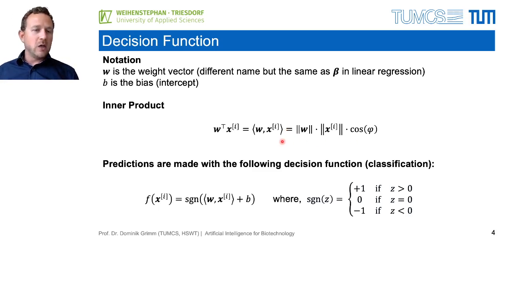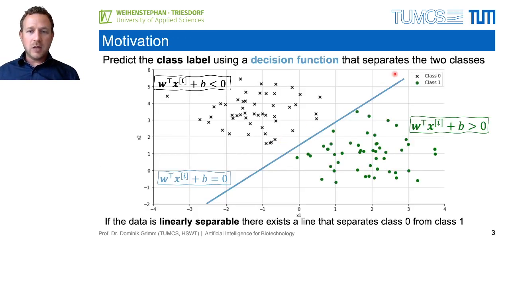So how can we now do predictions? I already told you that if the value is exactly 0, then we are on this hyperplane or this decision function. If we are less than 0, we are in this half space, so we classify points that belong to class 0, and if we are greater, we are in this half space, so we classify points that belong to class 1.